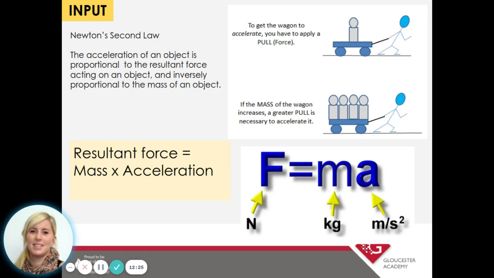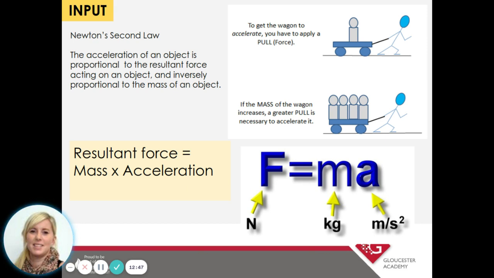So Newton's second law then is to say that the acceleration of an object is proportional to the force and the mass acting on that object. And we use this equation, F equals ma. So it's one of the easiest equations to remember, along with speed equals distance divided by time that we did the other day. These two just happen to be really easy to remember.